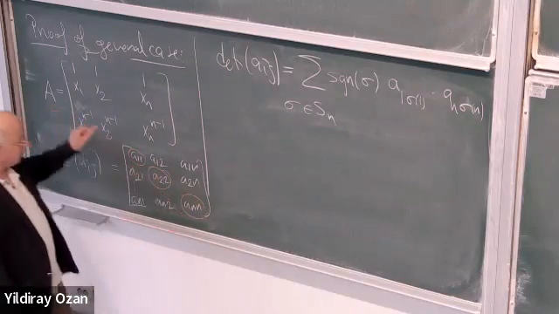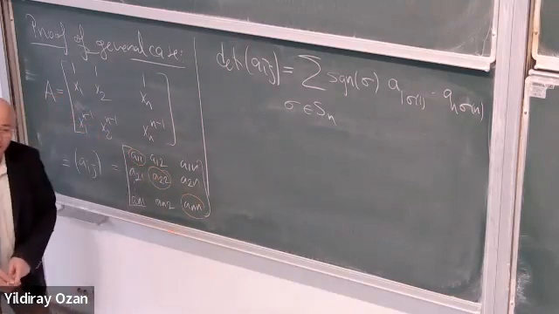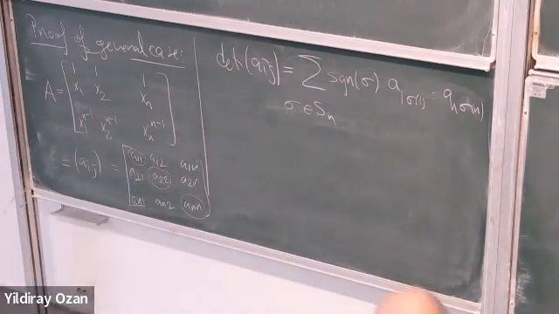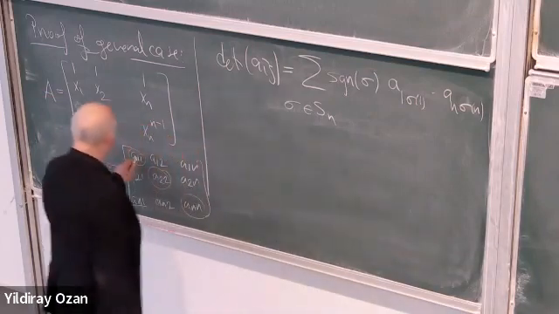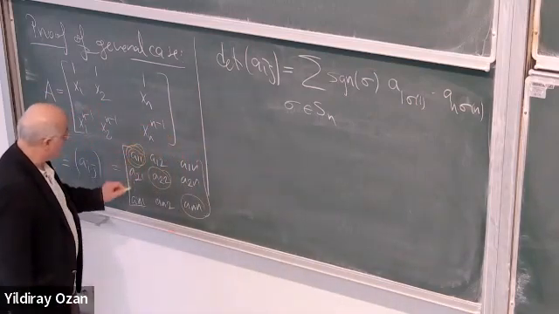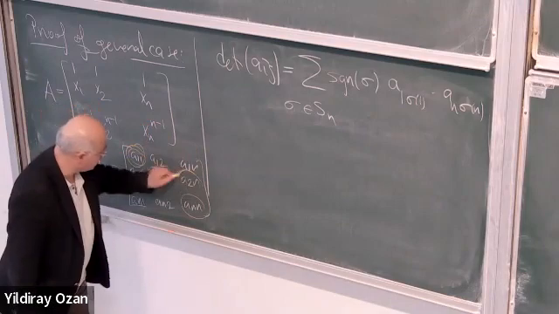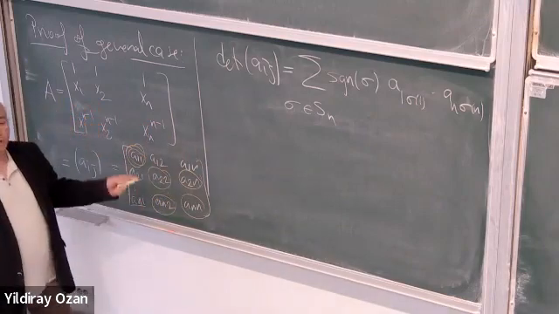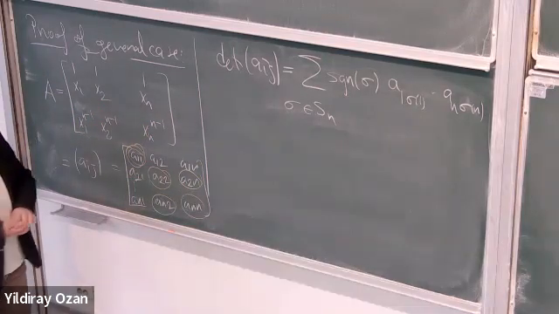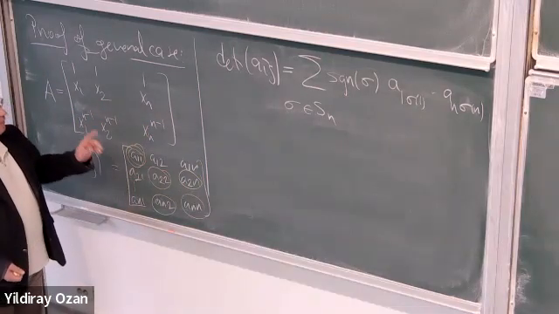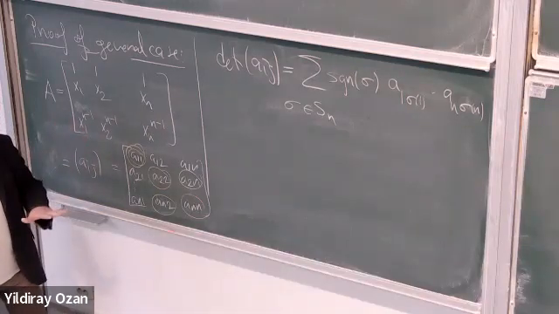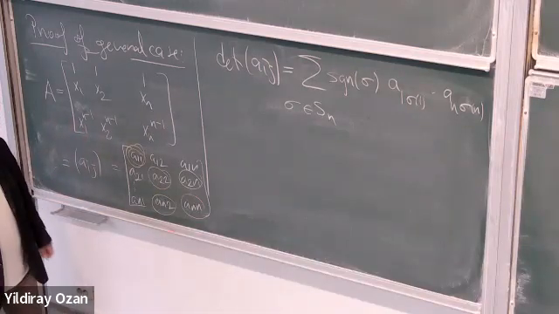So you get the product of diagonal entries. Or you can do something like this. You may choose this one, and then you can choose this one, and then so on. So from each row and each column, you pick one element, but in each product, all the elements should lie in different rows and different columns.